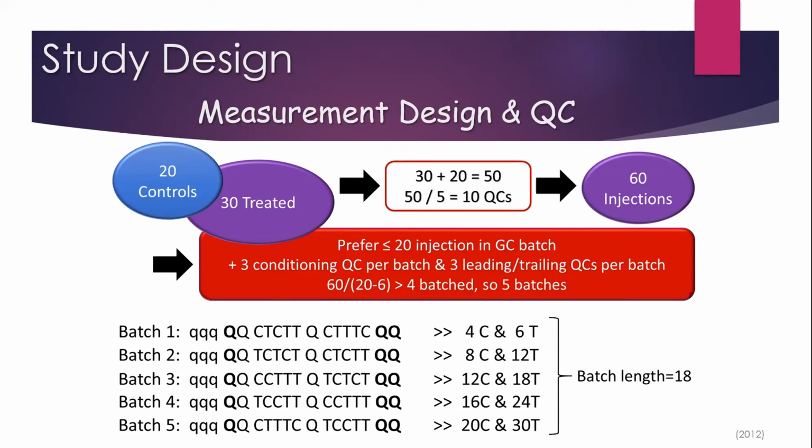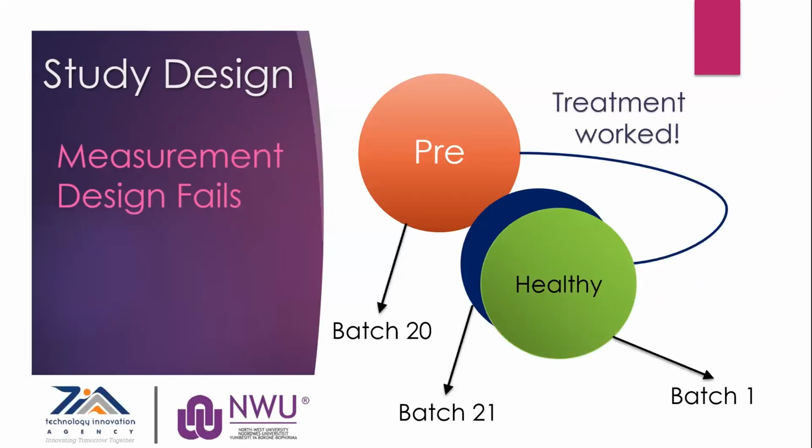So the order I presented here is hopefully a good measurement design. So you can see controls and treatments are represented in all the batches, and then they are randomized. And you can see there's some basic calculations that you can do to help. You can look at this in a little bit more detail if you want.